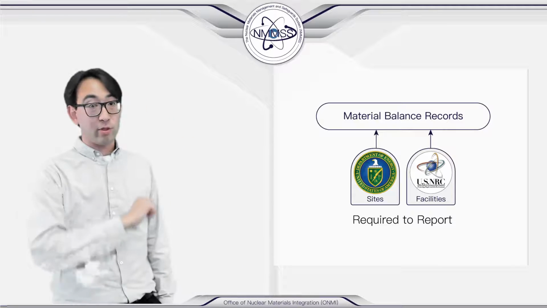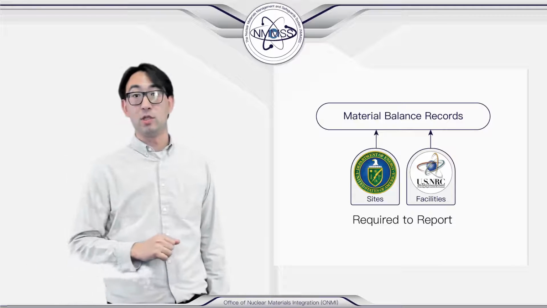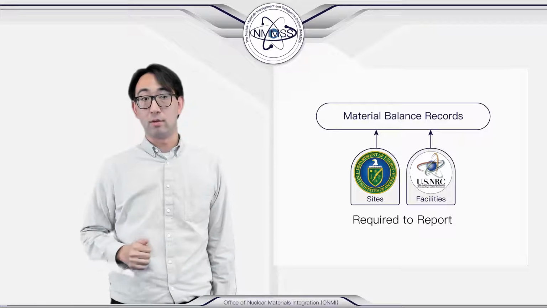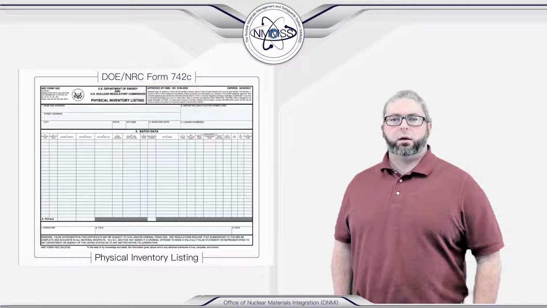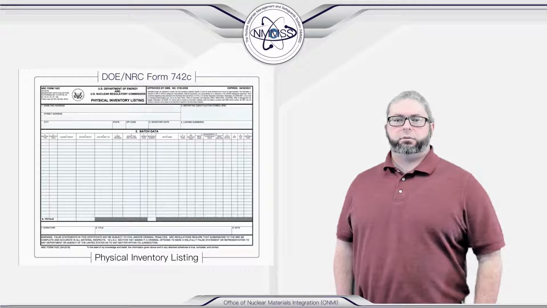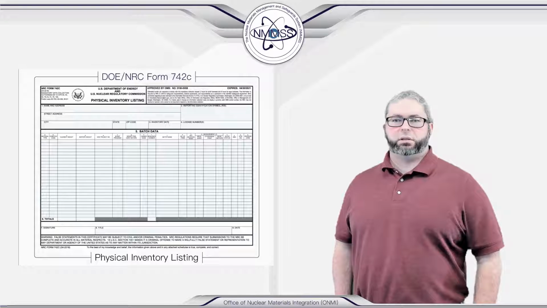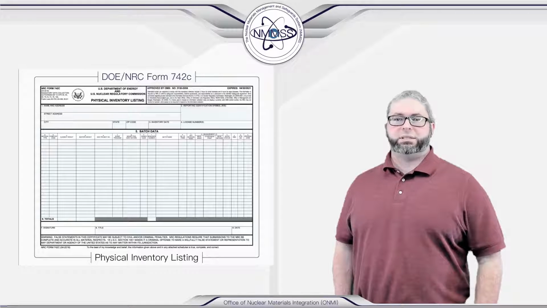John, there is a third component of NMMS reconciliation we need to discuss: physical inventory data. Of course, physical inventory data indicates a facility's nuclear material holdings at a specified point in time. Facilities report physical inventory data to NMMS using DOE NRC Form 742C.